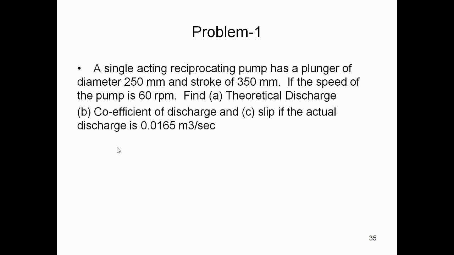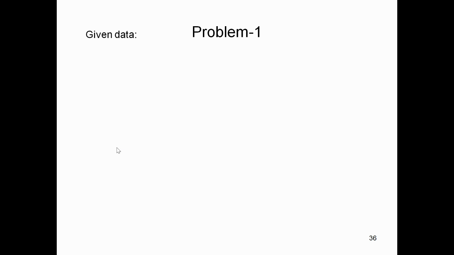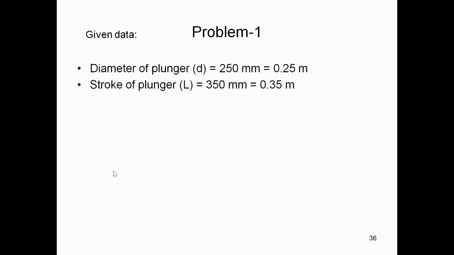From this question, we are going to write the given data first. The diameter of the plunger D is 250 mm, which is given in mm, so converted into meters that is 0.25. The stroke of the plunger L is 350 mm, converted into meters 0.35.